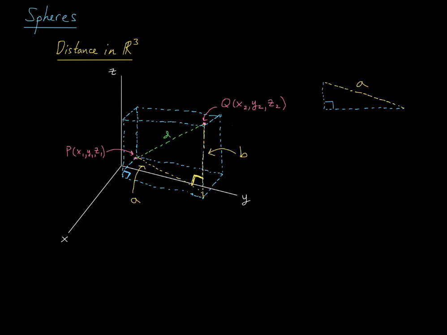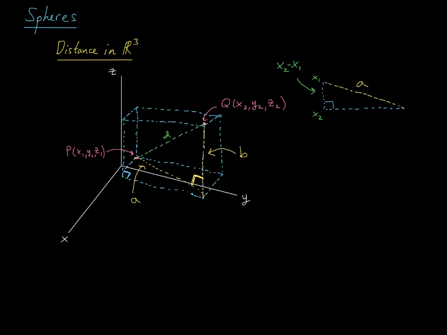Here we are just moving in the x direction, starting at P. Going from P to this corner, I'm just changing the x coordinate, with no y or z movement. So I go from an x coordinate of x1 for P up to an x coordinate of x2 for Q. This side length is just the difference in those x coordinates.